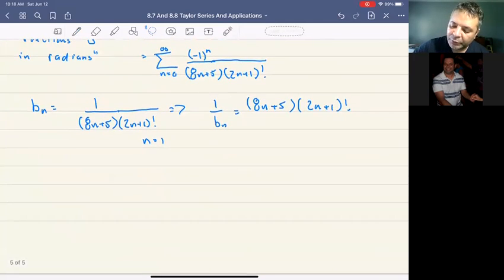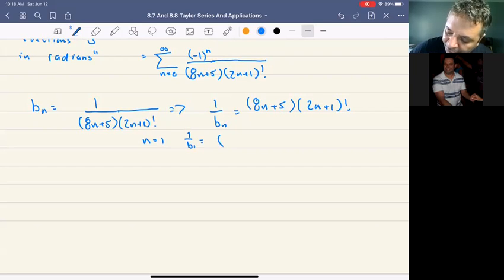When n equals 1, what are we getting? 1 over b sub 1 equals 13 times 3 factorial, which is 6, so 78.